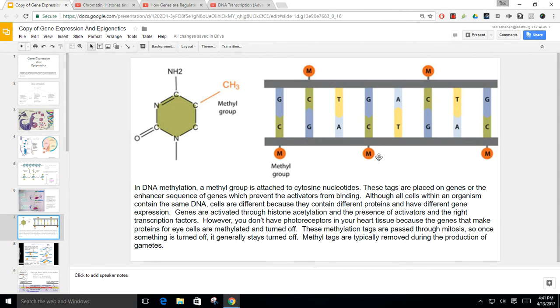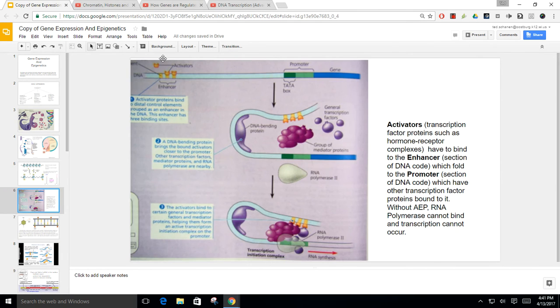The other thing that makes cells different from one another is that they do contain different activators. So activators, again, can be hormone receptor complexes, but a liver cell is going to have different activators than a muscle cell. So if it has different activators, those activators are specific to certain genes.